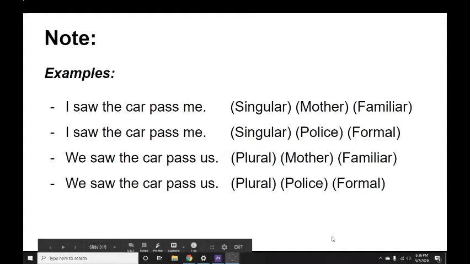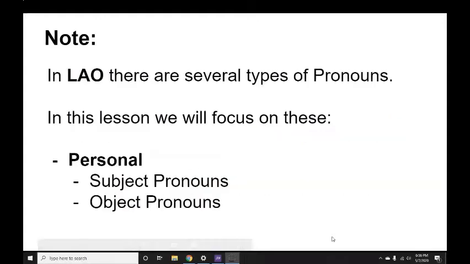Now we're going to see how that fits into the actual Lao pronouns. In Lao there are several types of pronouns, and in this lesson we're going to focus just on the subject and object pronouns. Now for us, it's good because the subject and object pronouns are both the same.